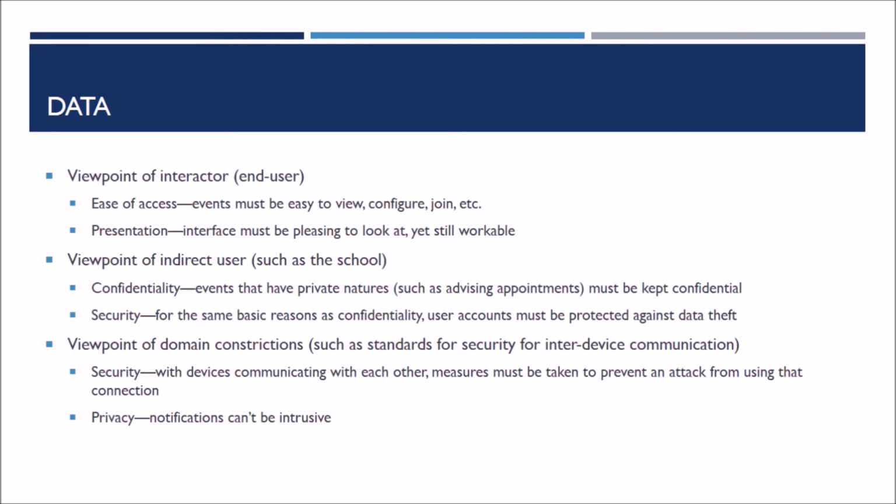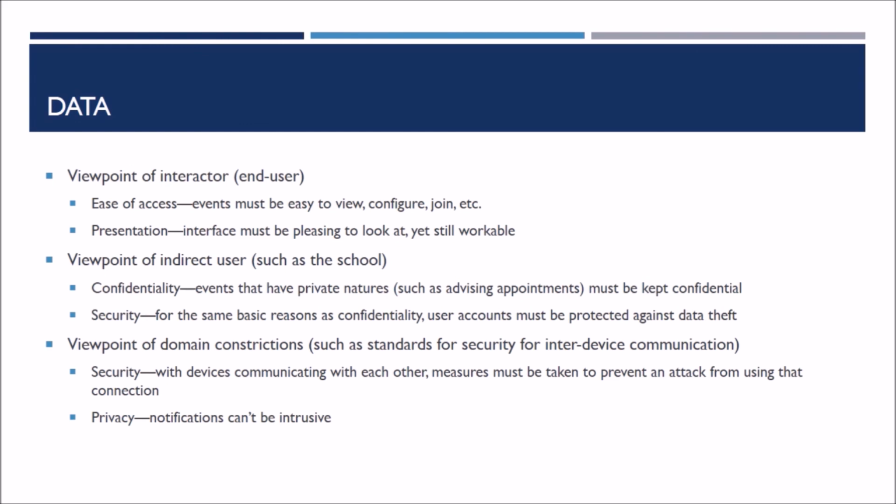The devices would be communicating with each other if you have a bunch of students who have joined the same meeting and they have chat features going on and they're talking to each other. When these devices are talking to each other, an attacker could use that connection to attack somebody else's device or any devices connected to a meeting, per se.